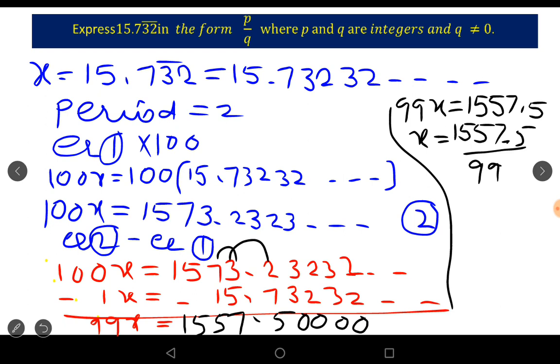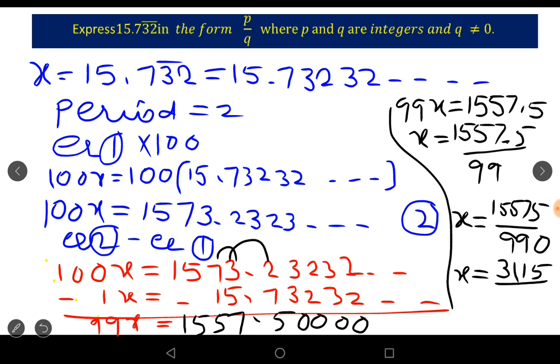In the numerator only integer is allowed, here decimal number, so multiply with 10. So 15,575 by 990. After that, divide the numerator and denominator by 5. Numerator 5 3 is 15, 5 1 is 5, 5 1 is 5, 5 5 is 1. Denominator 5 1 is 5, 5 9 is 45, 5 8 is 40. Okay, this is the method.